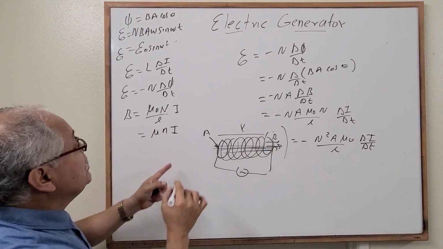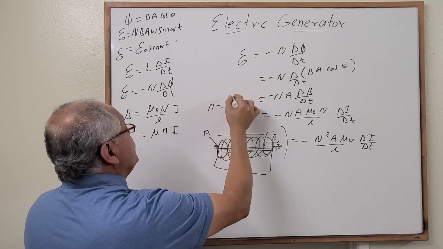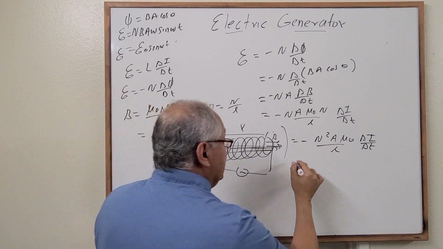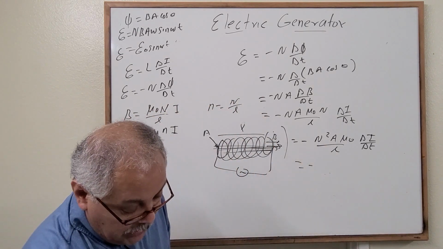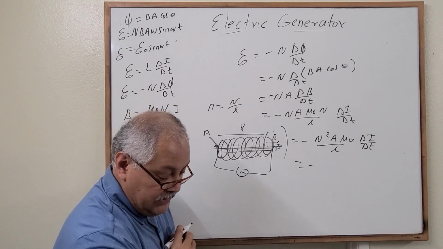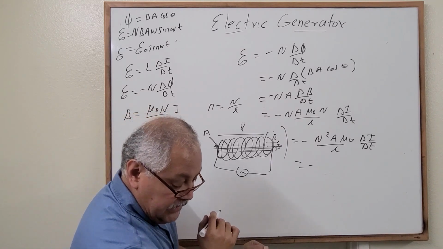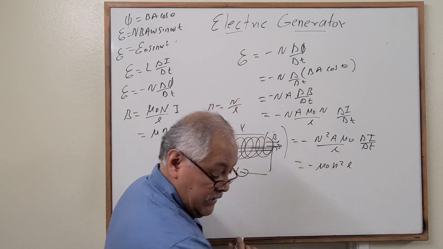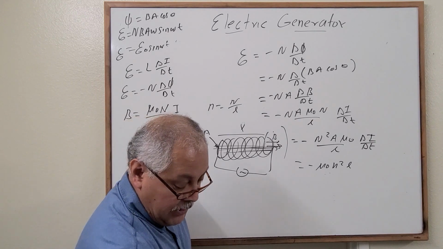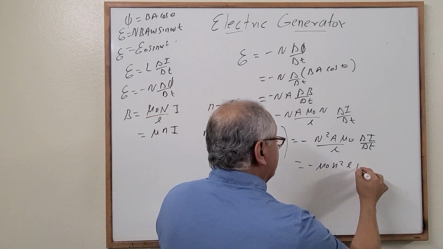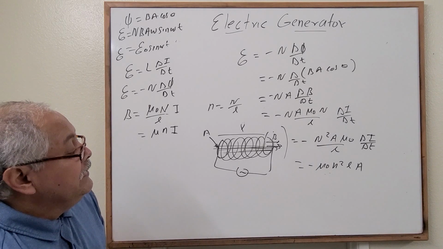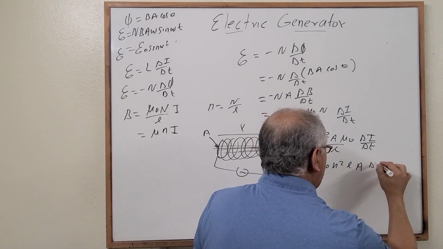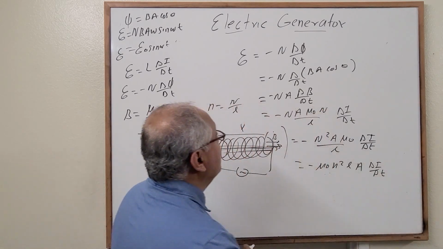And now let's apply this condition: little n is equal to big N divided by L. When we do this, it is equal to mu naught n squared L times the area, times the changing current with respect to time.